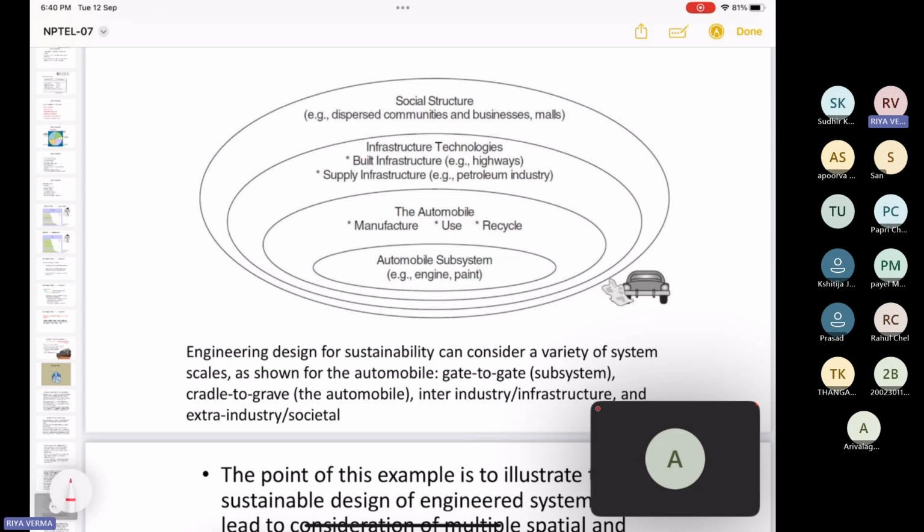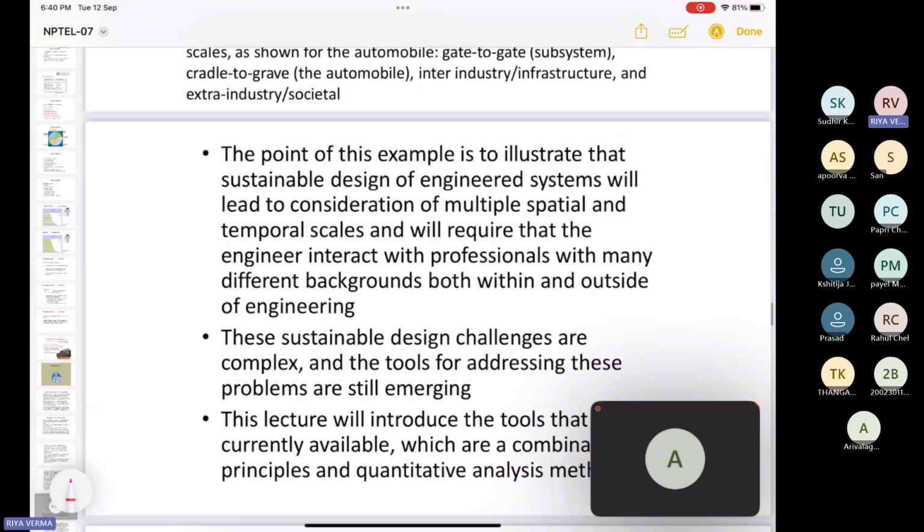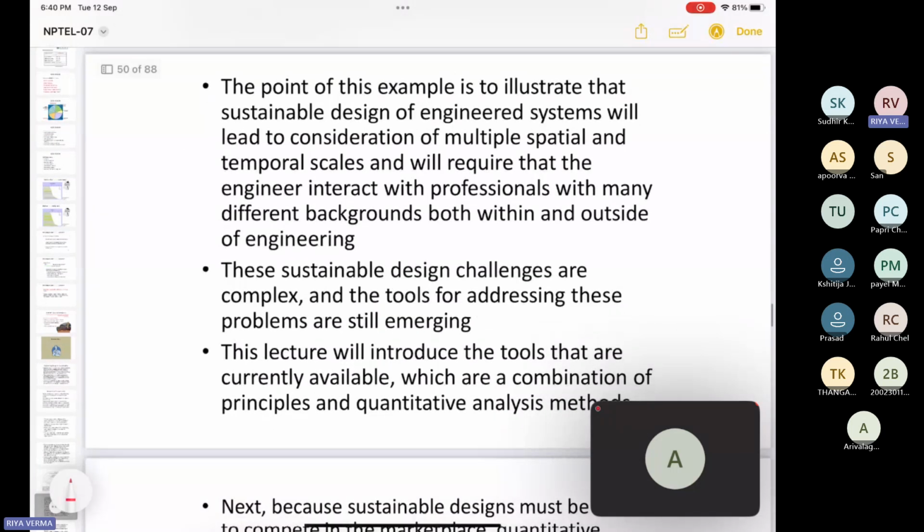This is related to the social structure, such as dispersed communities and the businesses or malls that are present nearby these roads and highways. So the point of this example is to illustrate that sustainable design of engineered systems will lead to consideration of multiple spatial and temporal scales and will require that the engineer interact with professionals with many different backgrounds, both within and outside of engineering.